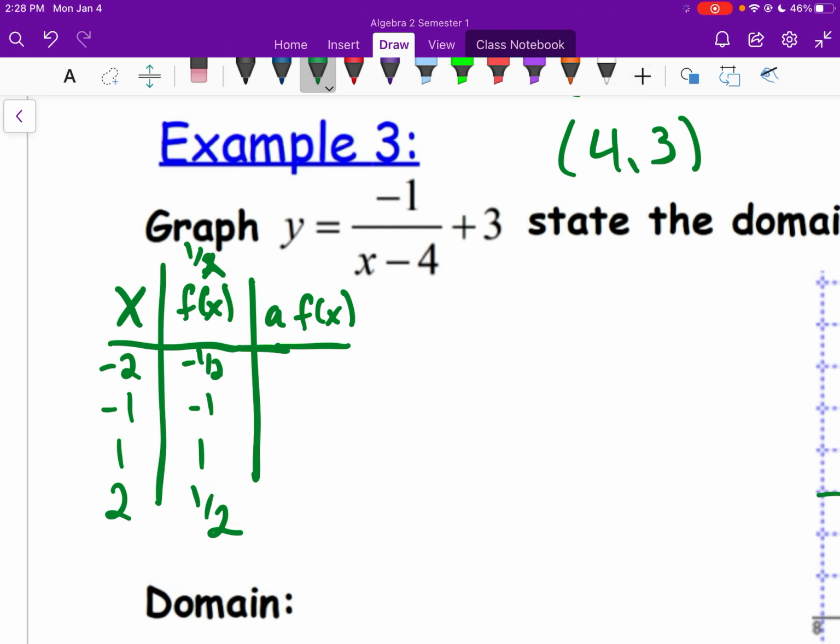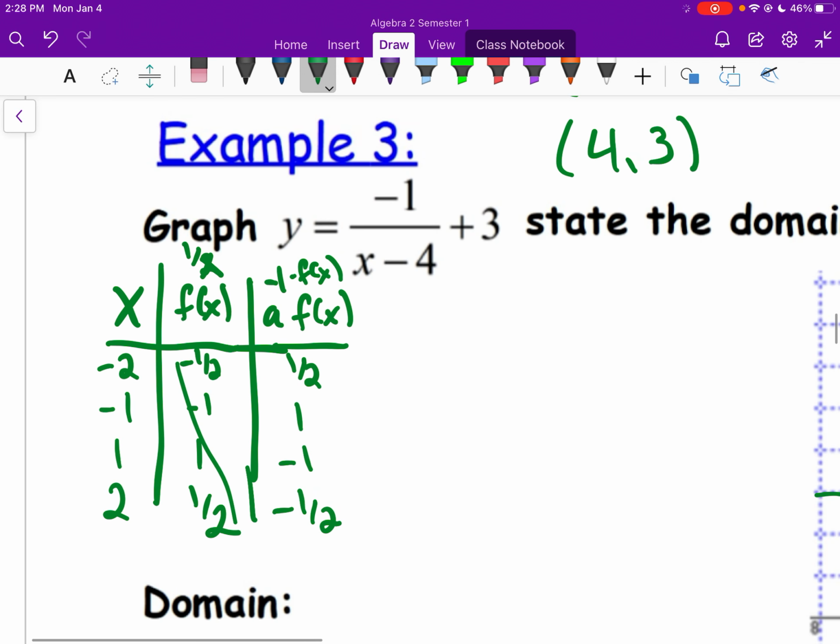So you can just go ahead and memorize those two columns, but better is understanding why. Because if I wanted to do more points, I could do 3, and that would be 1/3. Now we're not going to worry about that in this case, but a in this case was -1, so -1 times f of x, just taking that and basically flipping the signs for that column. So 1/2, 1, -1, -1/2.